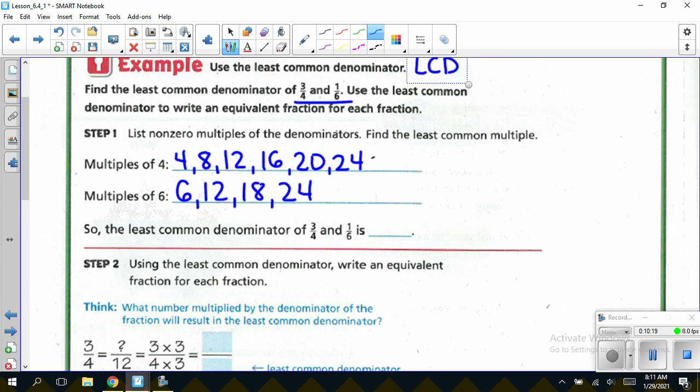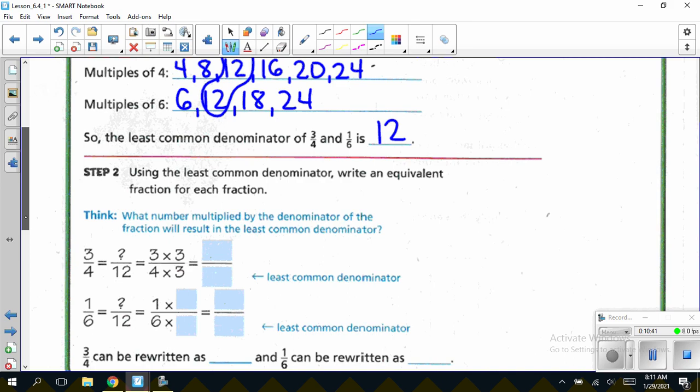So I'm going to stop my list right here. I could have stopped it a while ago if I really wanted to. But I notice if I look at the multiples of 4 and 6, the LCM would be 12. So that would be what we would call the least common denominator, or the LCD. So I want to make sure I use my denominator of 12 to create those equivalent fractions.